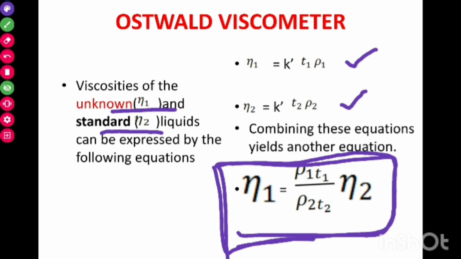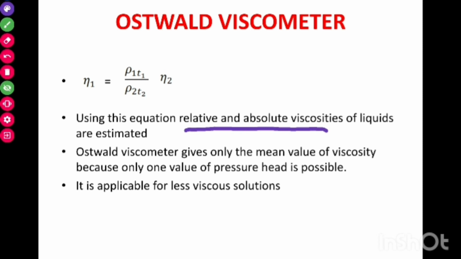By using this equation, we can determine the viscosity of an unknown sample, and the relative and absolute viscosities of the sample. And this Ostwald viscometer only gives the mean value of viscosity, because only one value of pressure head is possible in this case. It is only applicable for less viscous solutions.